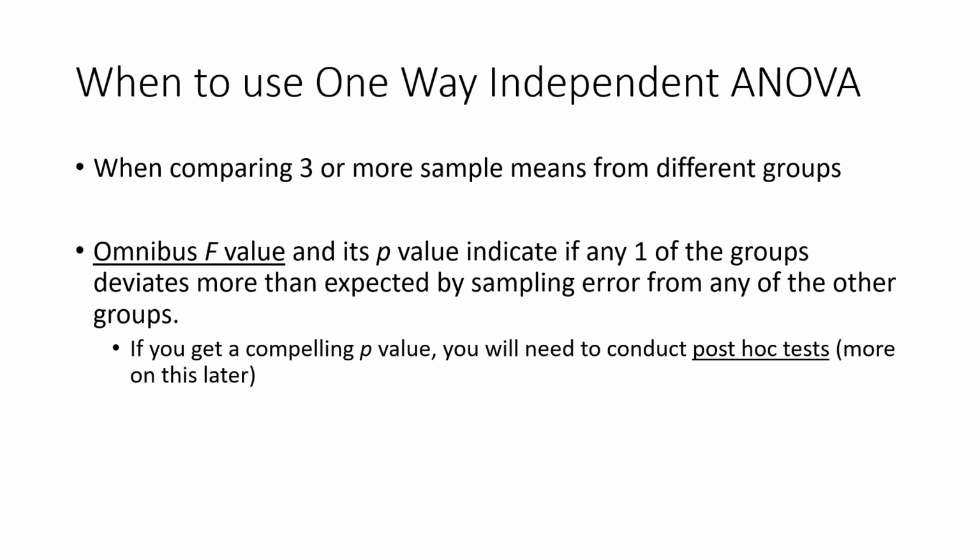If you get a compelling p-value, then you're going to have to do a post hoc test to determine which sample means are different from each other.